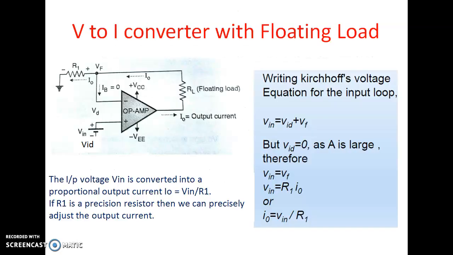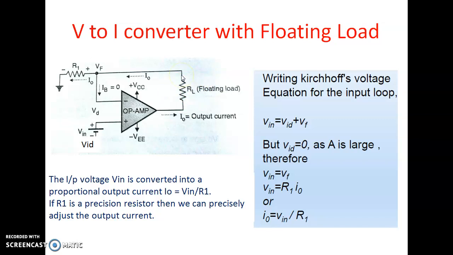Now first we consider the V to I converter with the floating load. Here the circuit diagram shows a voltage to current converter with a floating load. This load RL, if you observe here, we call a floating load because it is not connected to ground.